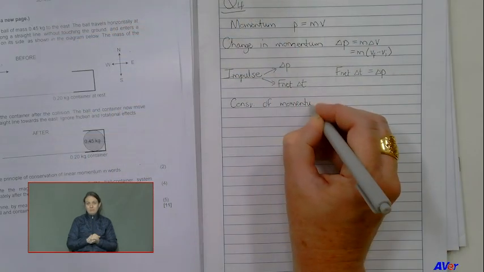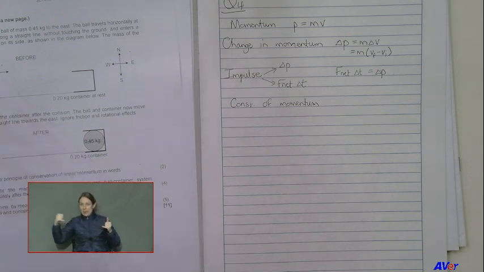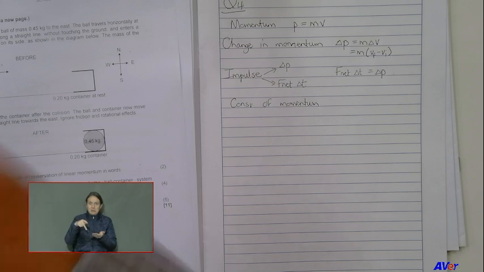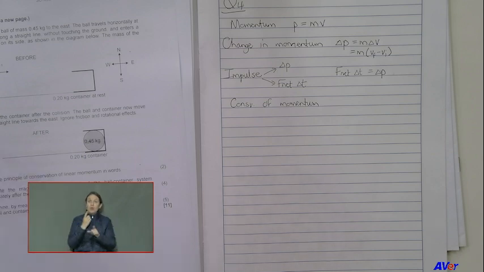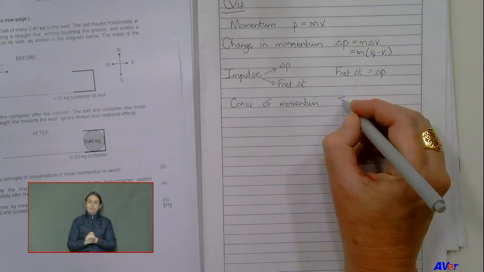Okay, and then the other thing is the conservation of momentum. If they say conservation of linear momentum or conservation of momentum, it's the same thing, because at school level, we're just moving in straight lines. Here we have sigma.